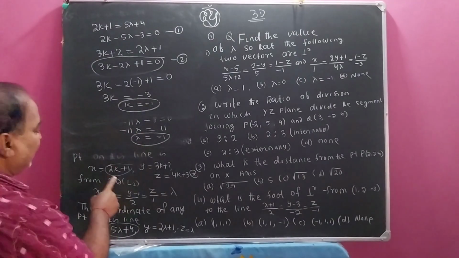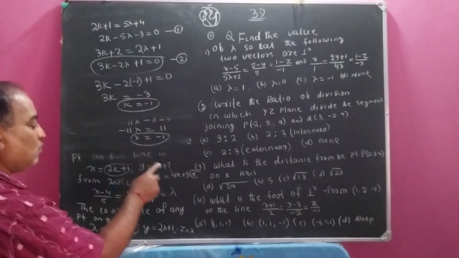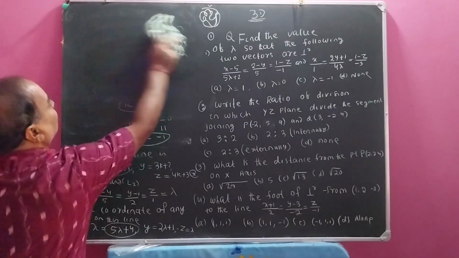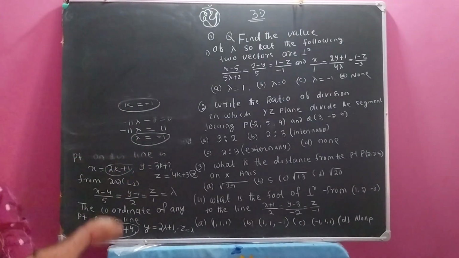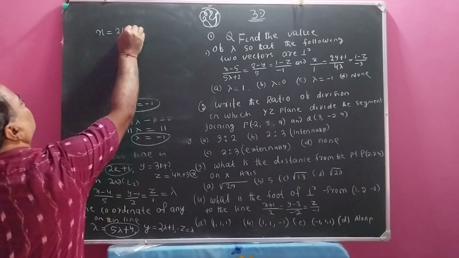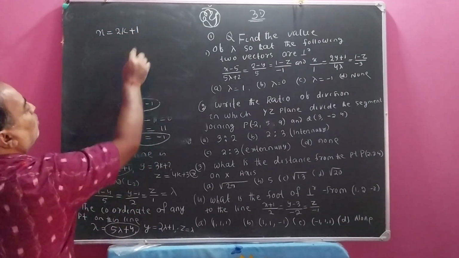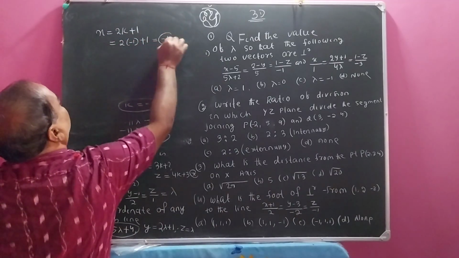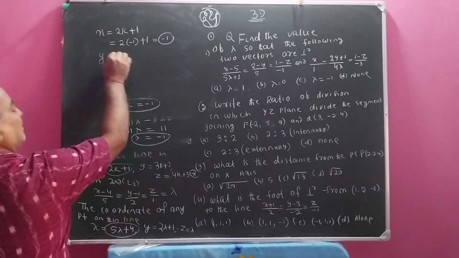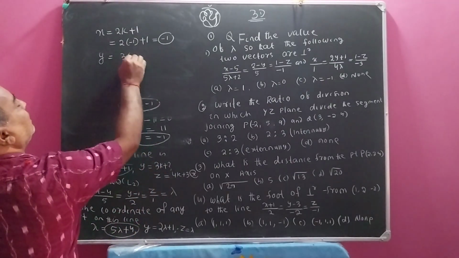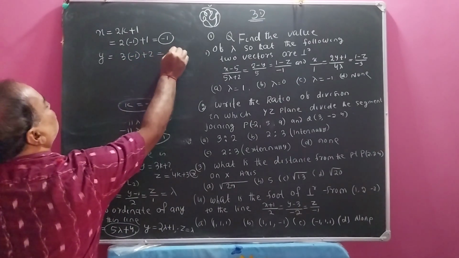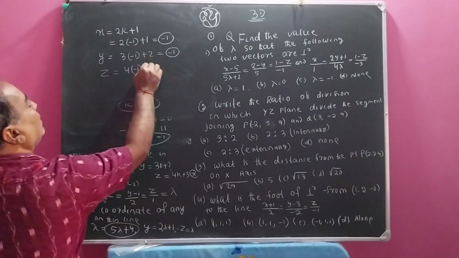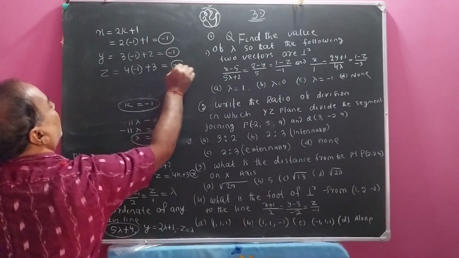So putting the value of k in star, we get x, y, z. x is equal to 2k plus 1, the value of k is minus 1, so 2 into minus 1 plus 1, that is minus 1. y is 3k plus 2, minus 3 plus 2, that is also minus 1. z is equal to 4k plus 3, minus 4 plus 3, that is also minus 1.